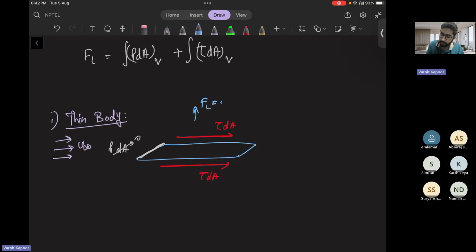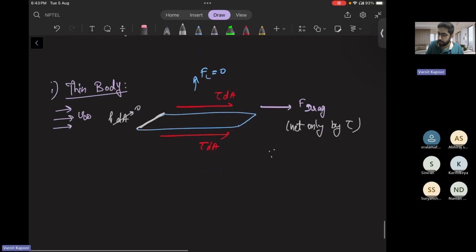FL is 0 and only drag is there, F drag, and this is only because of the shear stress, since P into dA is equal to 0 as dA is 0 for pressure to act.